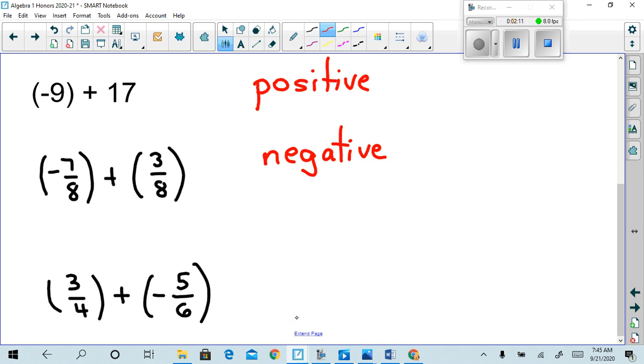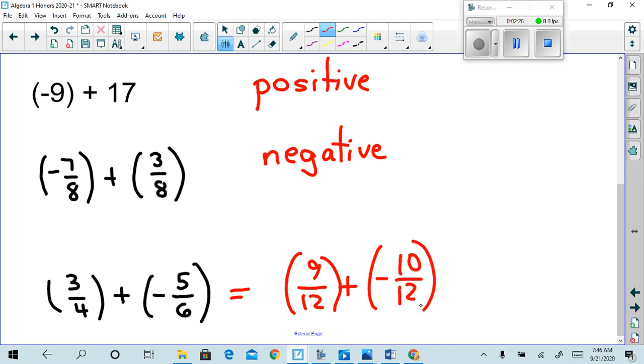So I need to first write the equivalent fraction. Notice that I have unlike signs, and then I subtract and keep the sign of the greater absolute value, which gives me a negative. Once again, all they wanted was positive or negative in this opening activity.